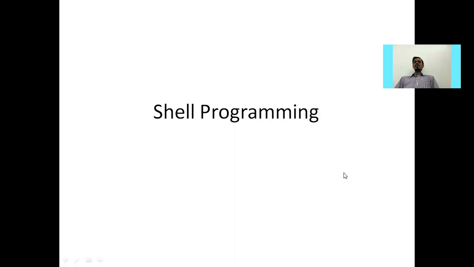Shell is the interface between the kernel and the application tools. The commands given by the application tools are interpreted by the kernel through the shell and given as commands to the kernel or hardware. So let's begin with the first slide.